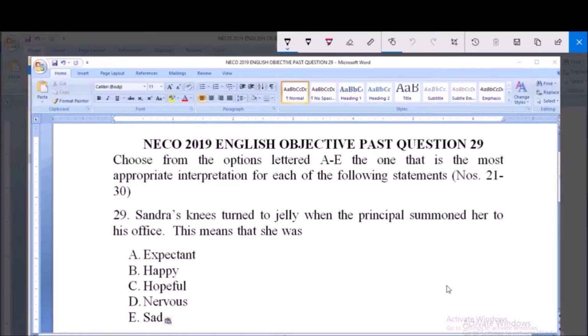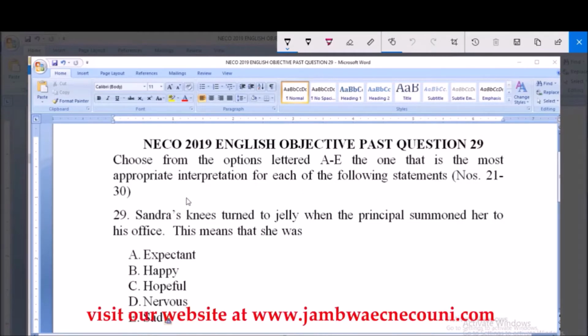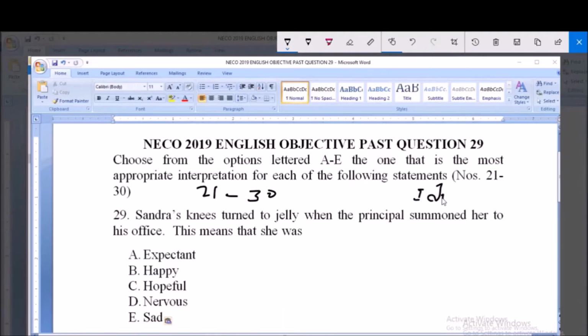Now welcome, this is NECO year 2018 English objective past question number 29, and the instruction here says choose from the options lettered A to E the one that is the most appropriate option for each of the following statements. This instruction is to answer question 21 to 30, and the topic is from idioms or idiomatic expression.